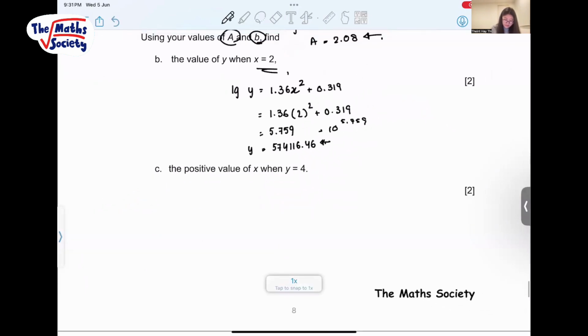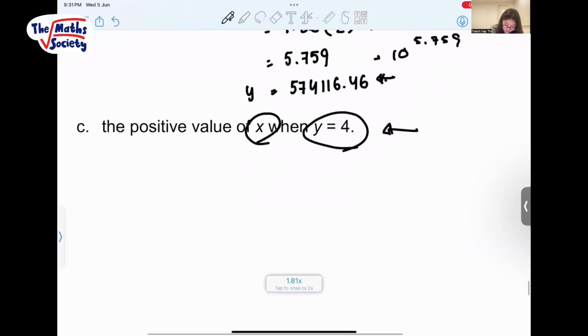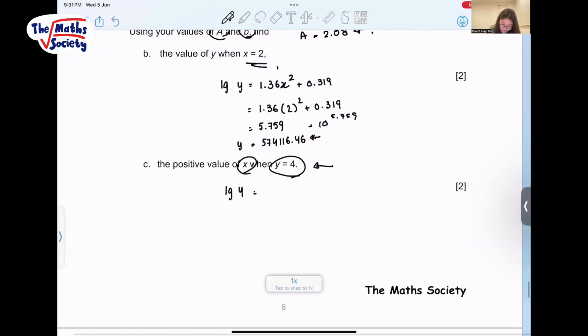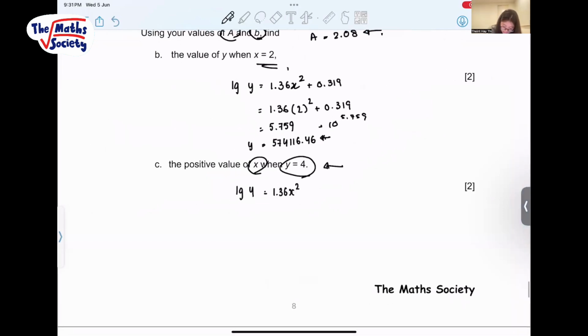And then you have to find the positive value of x when y is equal to 4. So this time is a different side, so it's like 4. So we have lg y equals 1.36 x squared plus 0.319. You have 1.36 x squared equals lg 4 minus 0.319, which is 0.2831.